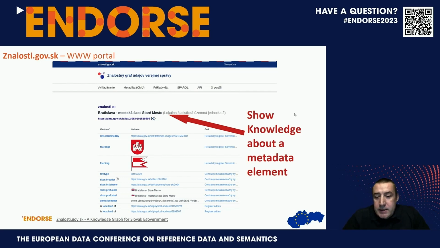And what is interesting, a classical linked data thing, is that you can see the merged data from different information systems. As you can see, the flags were taken from the heraldic register of Slovakia, as well as the labels, and you can also see some physical addresses taken from the registry of addresses because they are located in this city municipality.